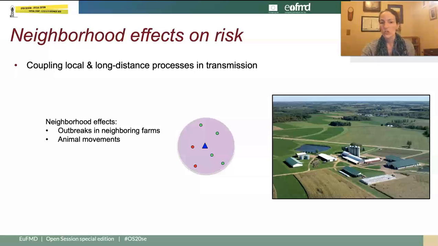We consider this in two ways. One, the movements of animals into the focal farm itself, but then we also summarize the movements that are being made into neighboring farms of the focal farm. So for example, if we know that this neighboring farm moved in pigs from a PED positive site, anytime we're moving pigs into the neighborhood, that increases the likelihood of a local introduction of the virus.